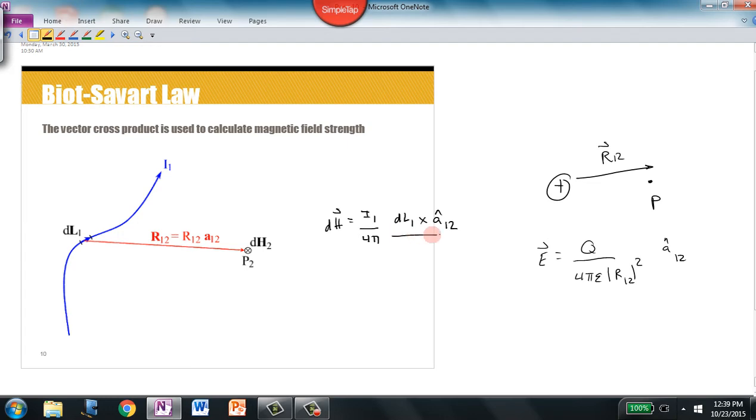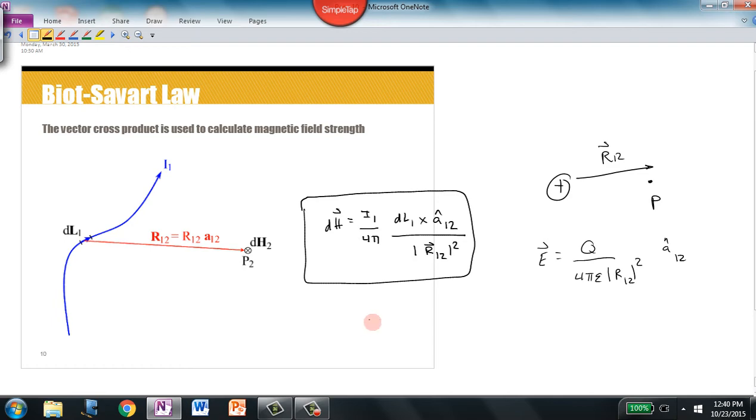I'm going to divide that entire quantity by the magnitude of the vector, or how far away this point is from the differential current element, and I'm going to square that magnitude. So the magnitude of R12 squared. This is called the Biot-Savart law.